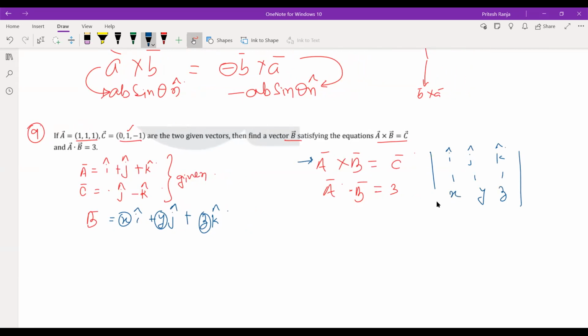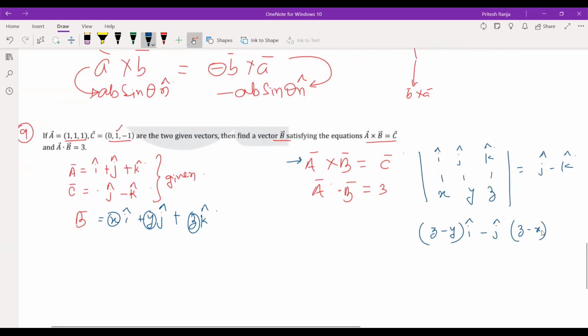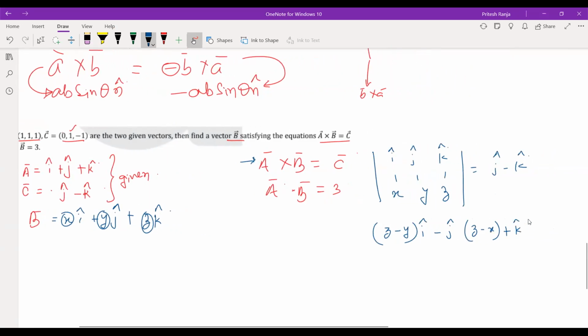So a cross b is equal to c vector, that means j cap minus k cap. Let us take the determinant. I write the determinant directly, you all should already know the determinant at this point. So minus j cap z minus x, and plus k cap y minus x, and this is equal to j cap minus k cap.